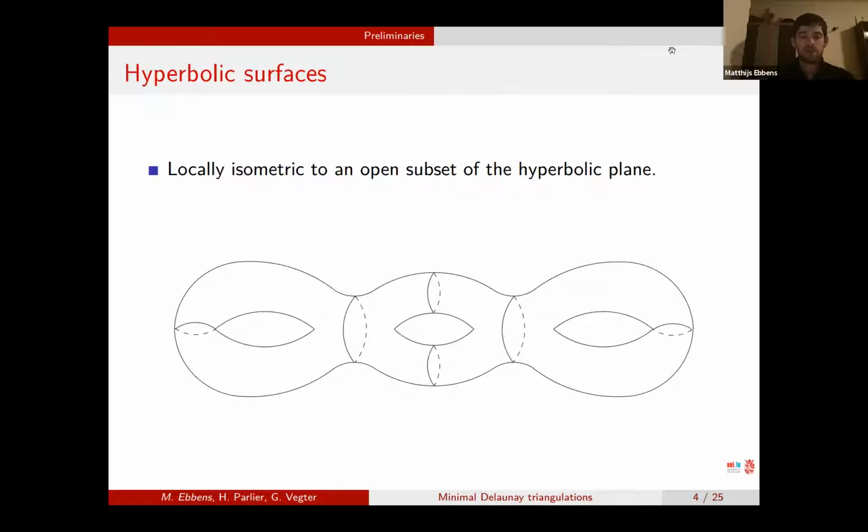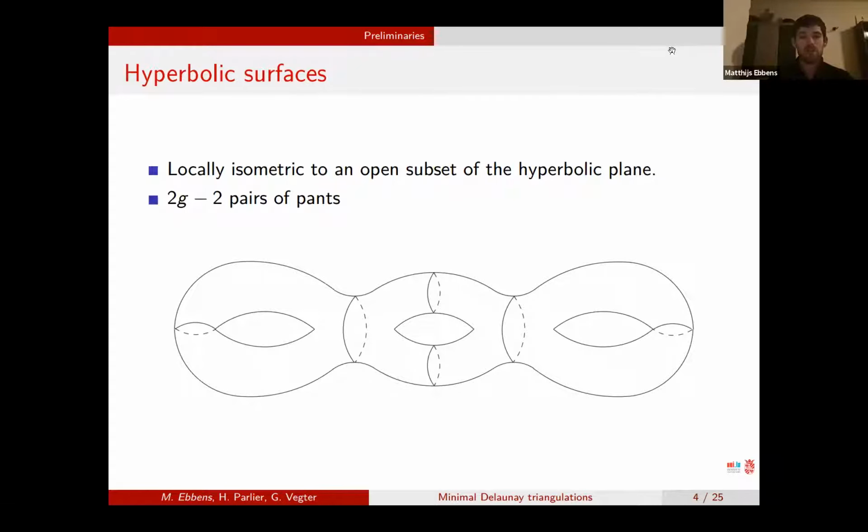Secondly, I will look at triangulations on hyperbolic surfaces, and these are 2-dimensional manifolds that are locally isometric to an open subset of the hyperbolic plane that we've also seen already many times before. One special property is that you can divide a hyperbolic surface into 2G minus 2 pairs of pants, where G is the genus of the surface.